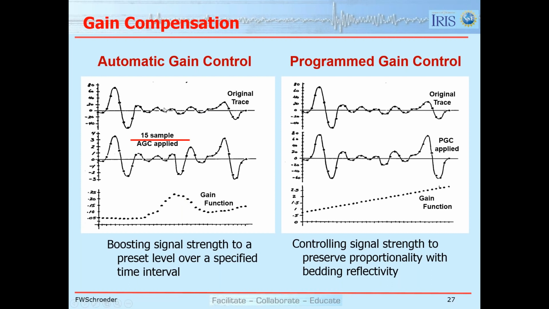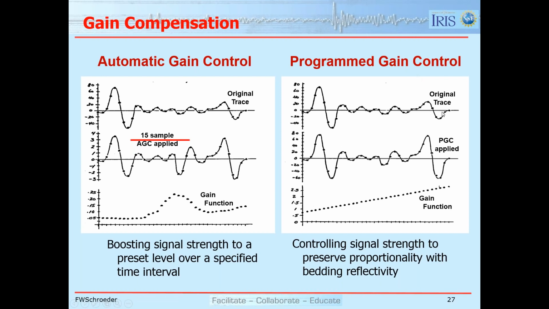And that sliding 15 sample AGC has destroyed the fact that there's less impedance contrast in this portion of the trace, more impedance contrast here, and an intermediate amount here. What we'd rather use is a program gain control similar to spherical divergence.